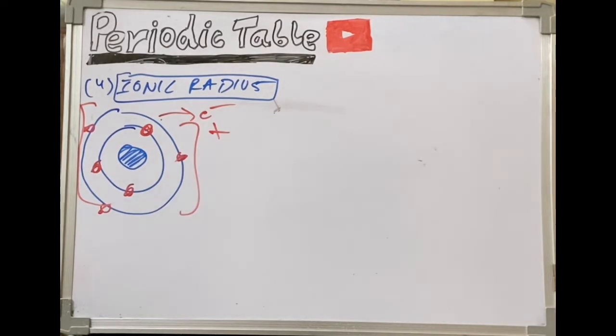So you can say that a cation will have a smaller radius than the corresponding atom.